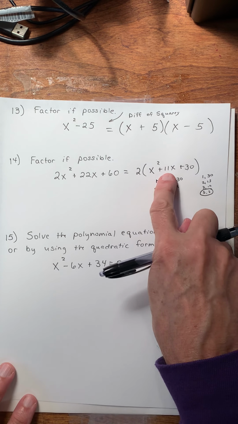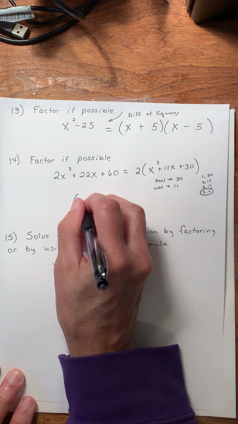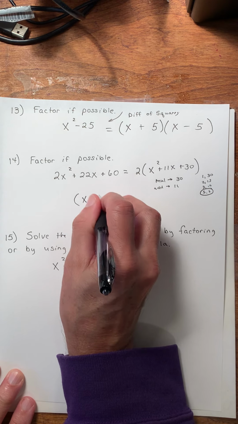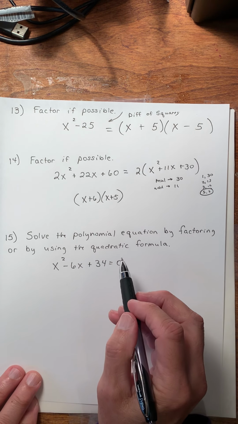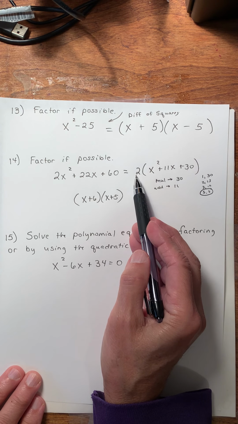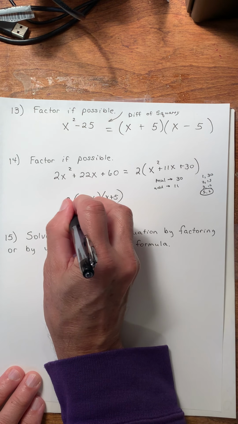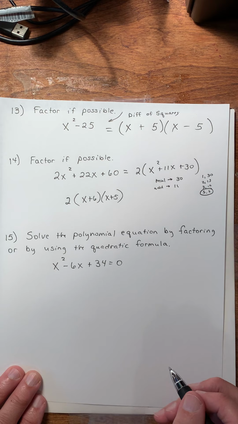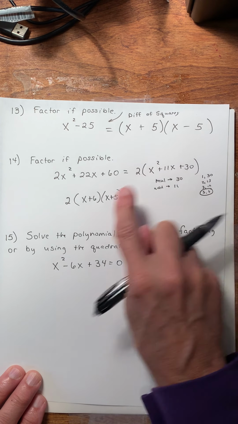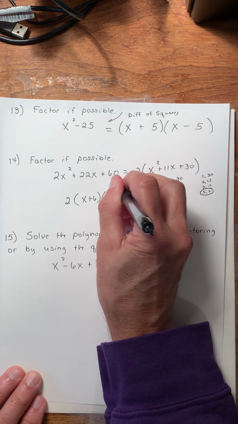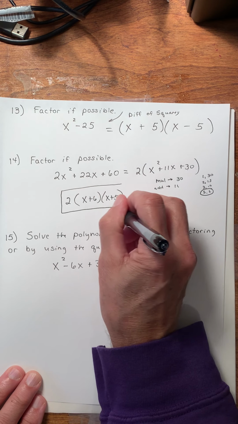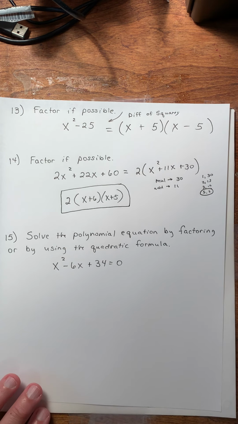So my trinomial factors into x plus 6, x plus 5. But ladies and gentlemen, do not forget that 2. That 2 is part of your final factorization. This trinomial factors into these two guys. The 2 is an additional factor. It's part of it.